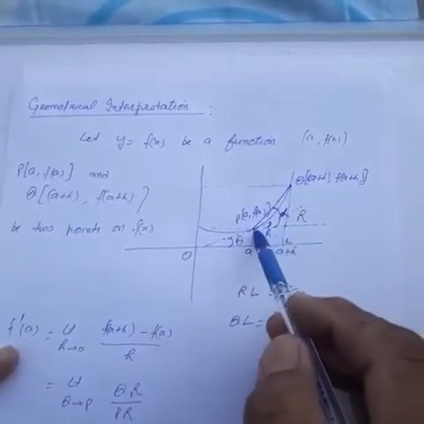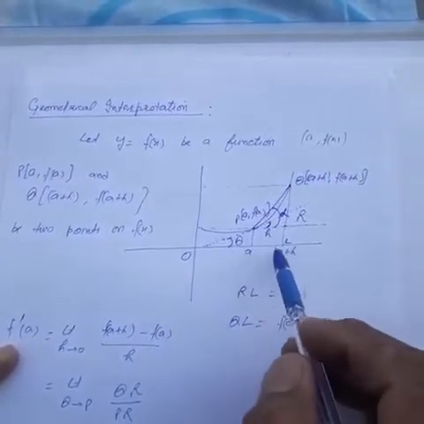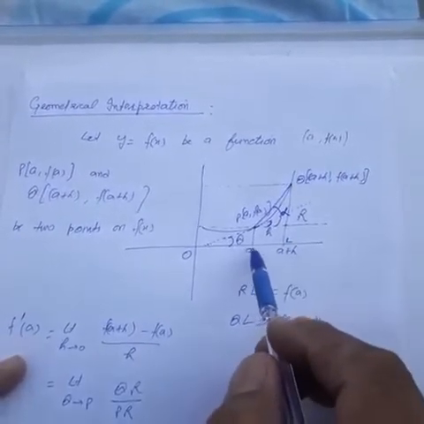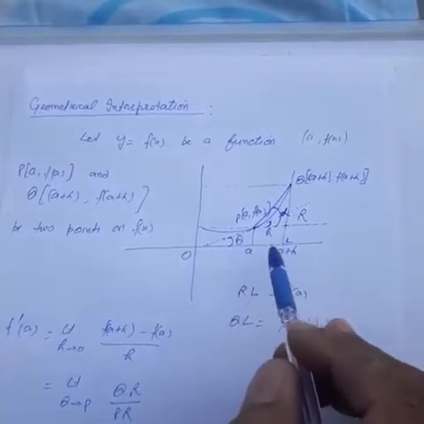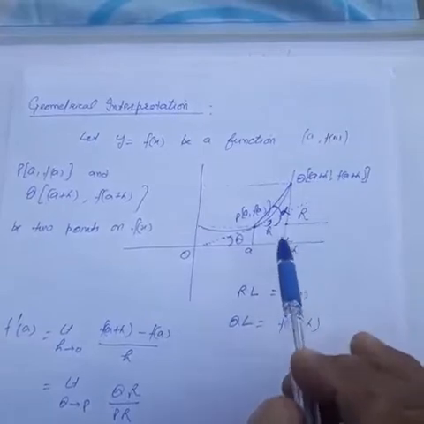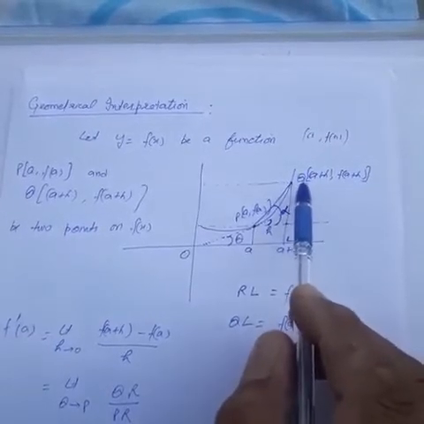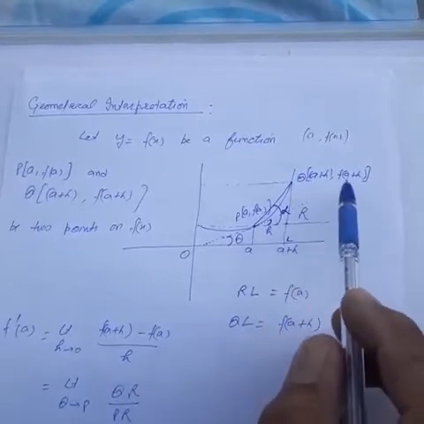This is point P (a, f of a). After an interval of h, the value of x is increasing, so at a plus h the image is f of a plus h. Let this be another point Q (a plus h, f of a plus h).